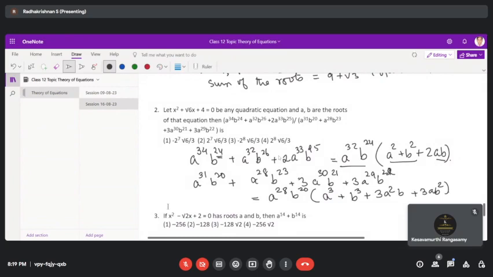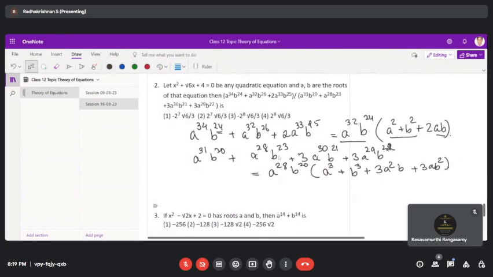expressions that we know. Okay, so now the numerator becomes a power 32 b power 24 into a plus b whole square, divided by a power 28 b power 20 a plus b whole cube.